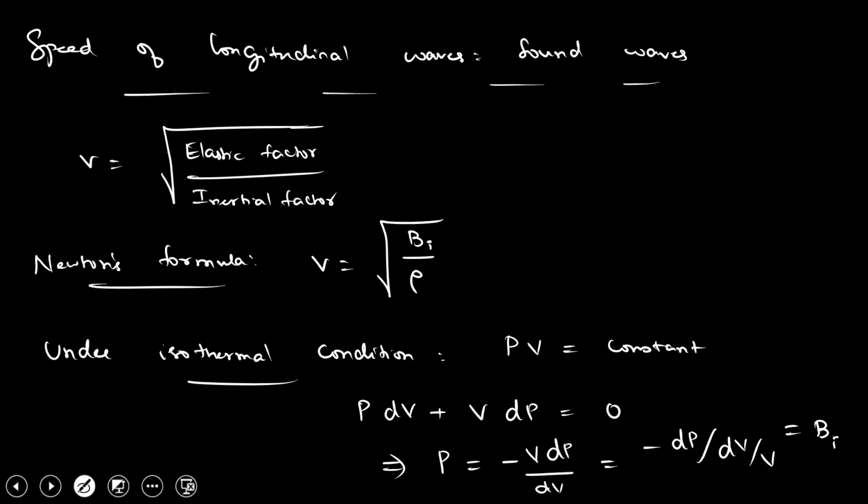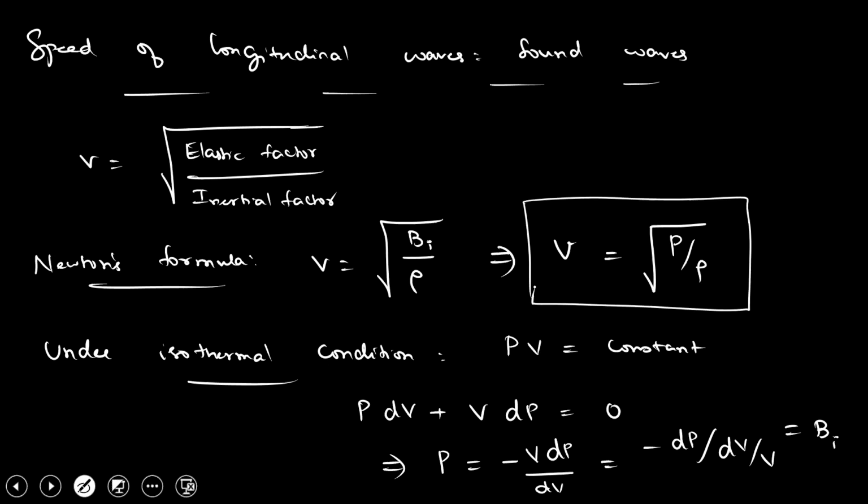So I can take these parameters and substitute them. So what I will get is the speed of sound in which medium? In air medium under isothermal condition is going to be equal to square root of P divided by rho. Clear with this? This is the expression which was proposed by whom?